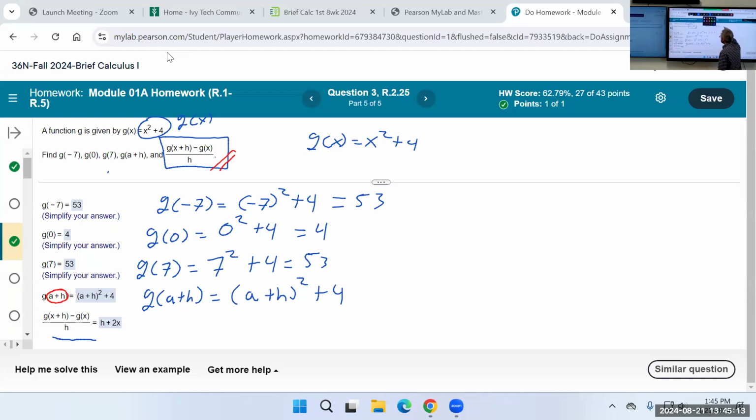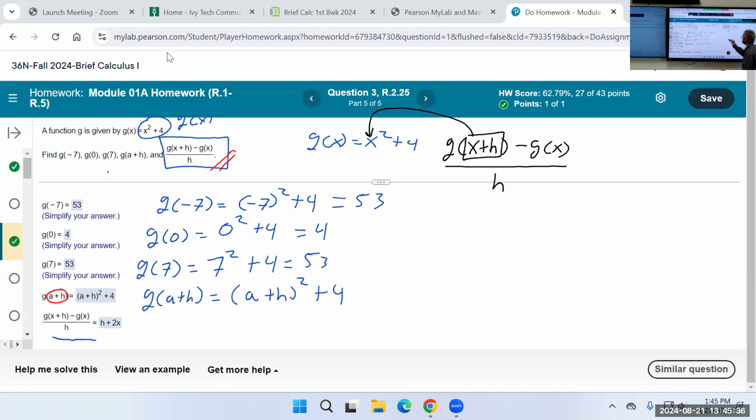So g of x plus h minus g of x over h. Now what is g of x plus h? That means I'm plugging in x plus h for x. So this is going into that x right there.